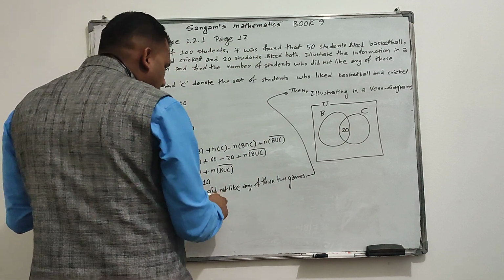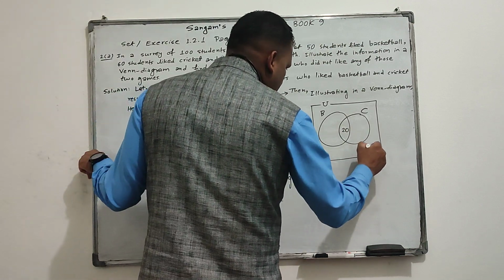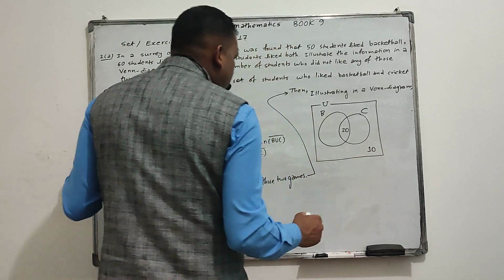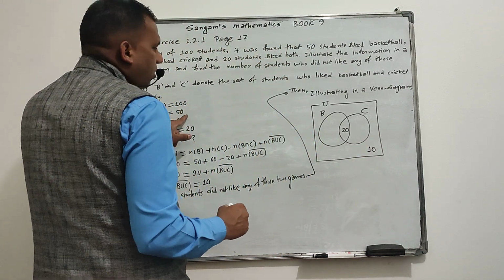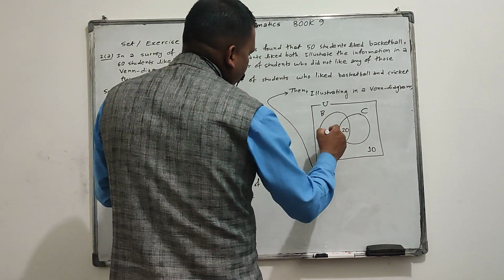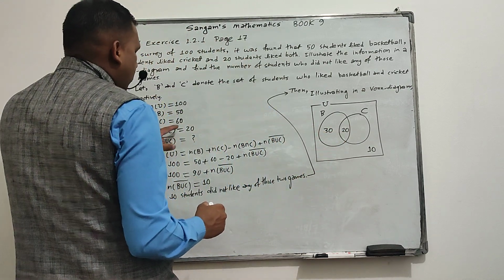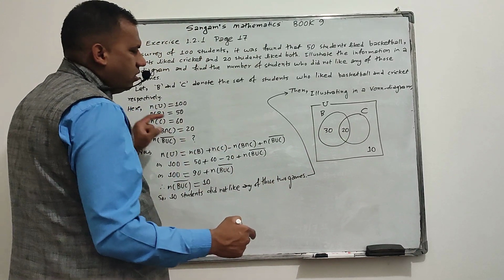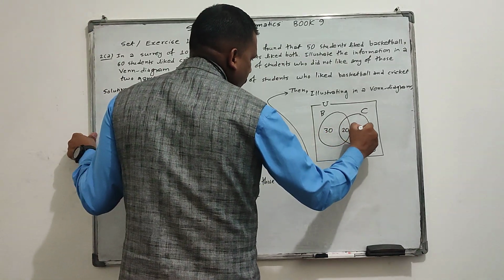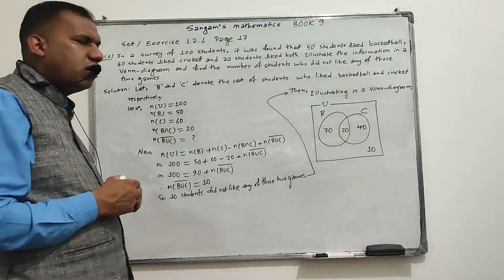Those who did not like any of those, that is 10. Basketball only, that is 50 minus 20, remaining 30. Cricket only, 60 minus 20, that is 40. This is the Venn diagram.